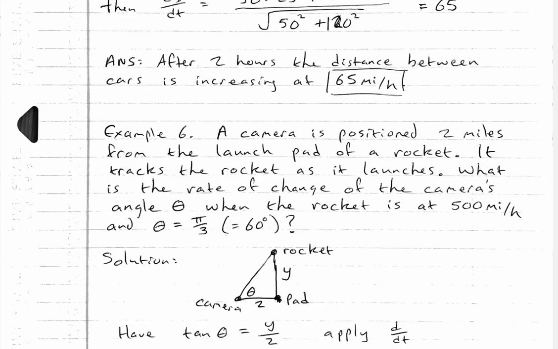We're assuming this rocket is shooting up vertically. The height of the rocket is y miles, and the angle is theta.